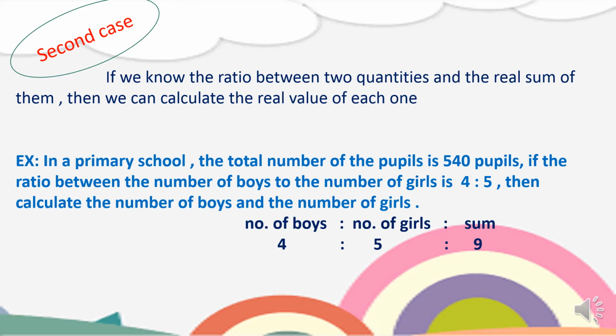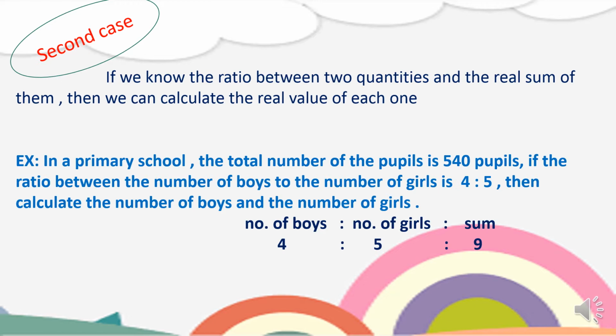Again, I have the total number of pupils in a school, and a ratio between boys and girls. First, I write number of boys to number of girls. Don't forget, the order is very important. Boys to girls, 4 to 5. And what do I have in real?